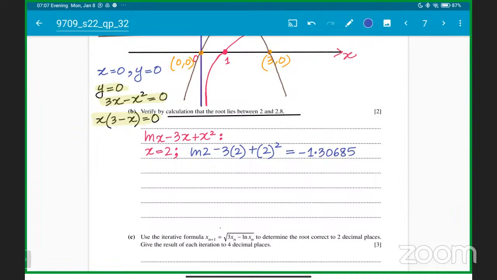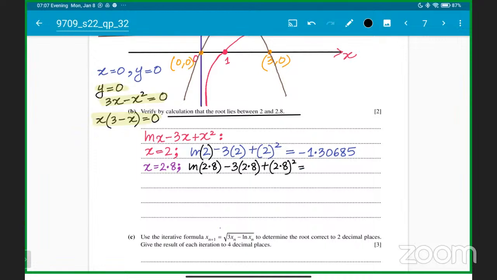1.30685. And when we plug in x equals 2.8, students, we should be getting a positive answer: ln 2.8 minus 3 times 2.8 plus 2.8 squared.